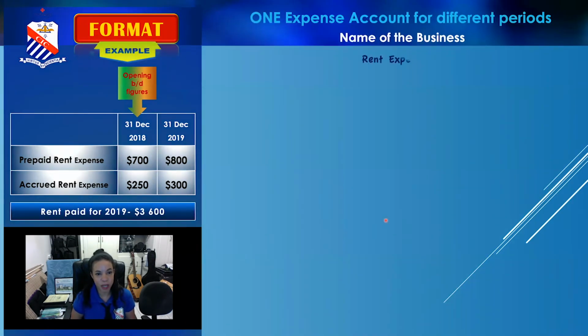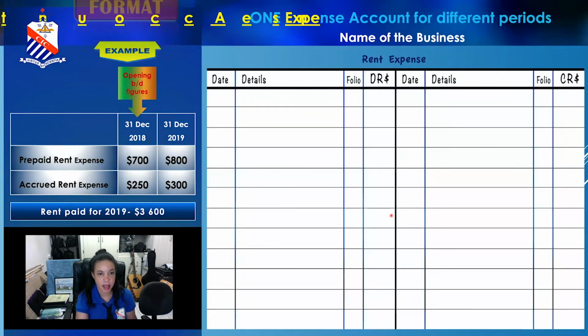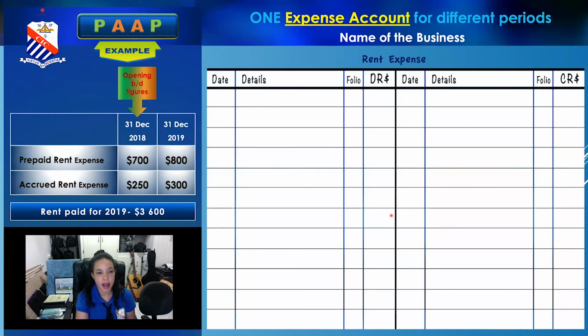We have our opening balances and we have our closing balances, and because it's an expense account, we are using PAPA. And which year are we doing it for? Our current year is 2019, so you're going to put your 2019, always start with the year.